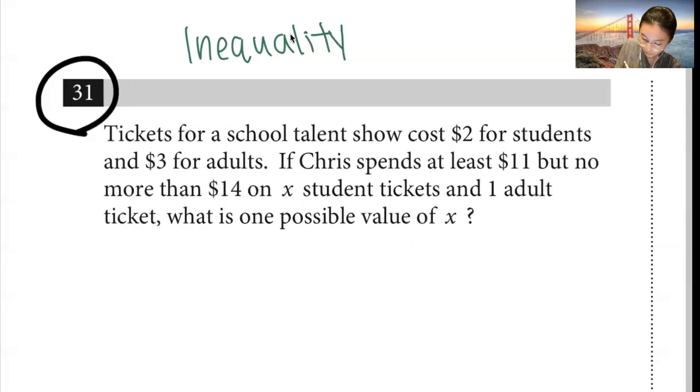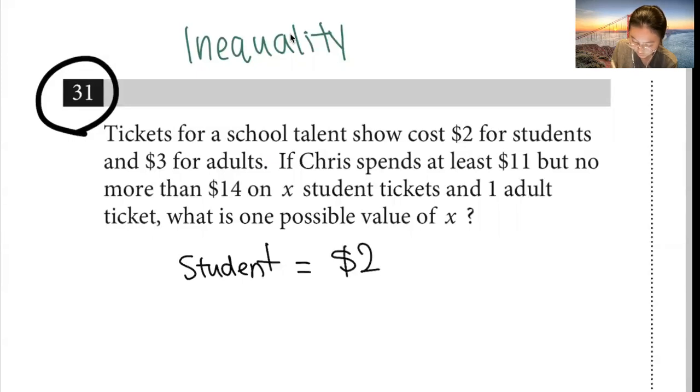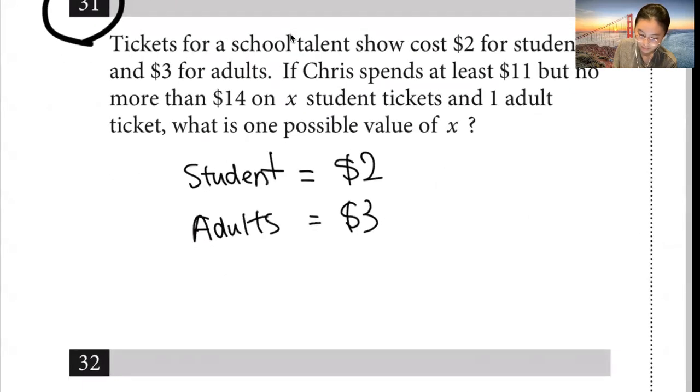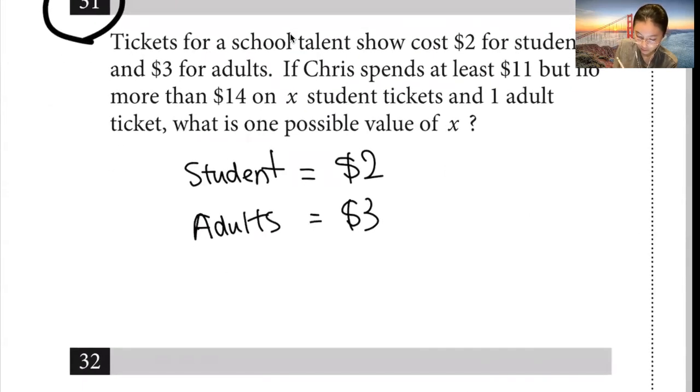So we know that each student ticket costs $2 and each adult ticket costs $3. Chris spends at least $11.